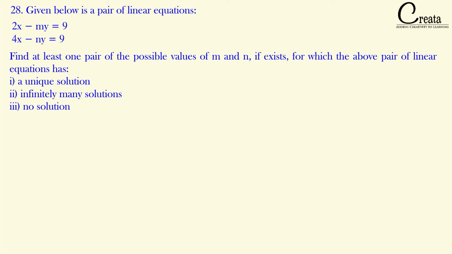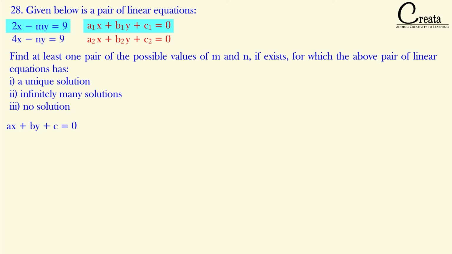Firstly, let's write the general equation of the line, which is ax plus by plus c is equal to 0. The first linear equation will be a1x plus b1y plus c1 is equal to 0. The second linear equation will be a2x plus b2y plus c2 is equal to 0. Here a1, b1, c1, a2, b2, c2 denote the coefficients of the equations.